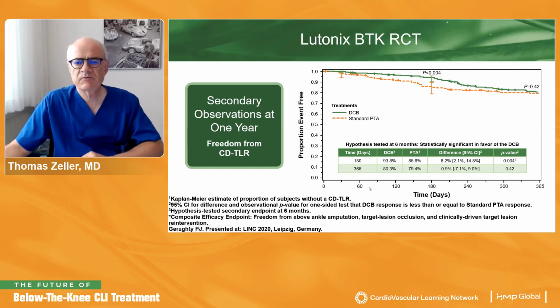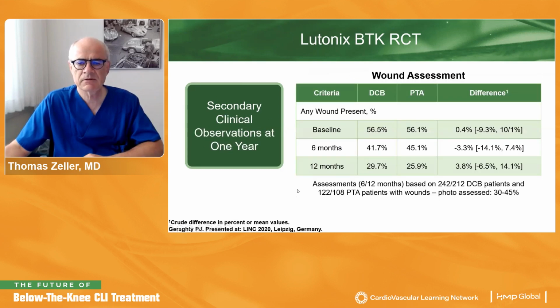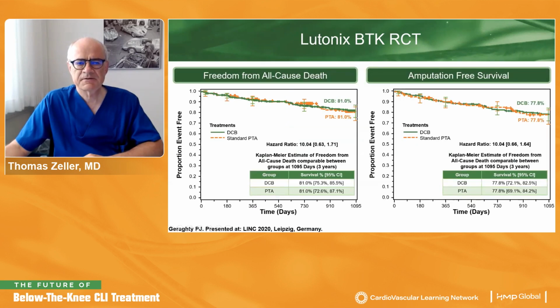And this outcome was also the reason why this device was not yet approved by the FDA for clinical use in the US. If you look at wound assessment, at baseline 56% of the patients had been presenting with wounds. There was no difference during the entire follow-up between the two devices.